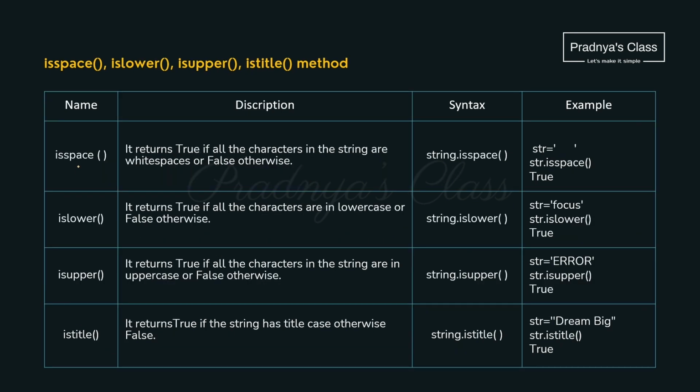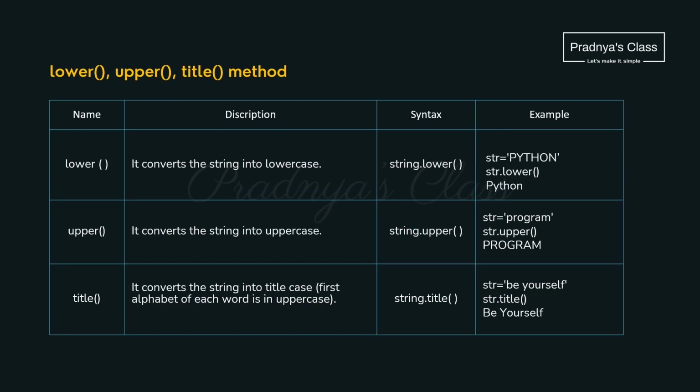In a similar fashion, isspace will check for space. Islower will check for lowercase letters. Isupper will check for uppercase letters. There is one more method called istitle. It will check whether the string is in title case or not. What is the meaning of title case? The first character of each word will be capital. So with that, the is category of methods is over.